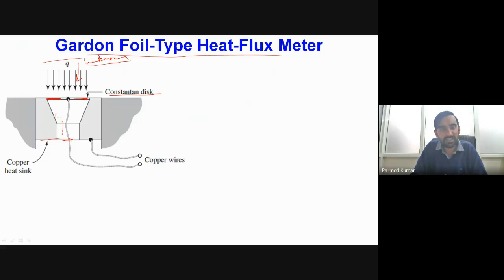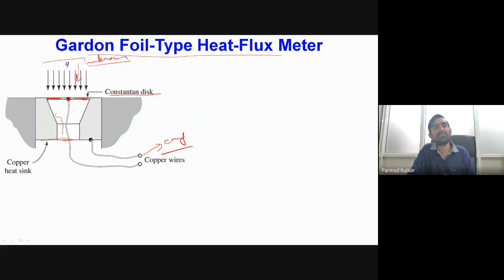Now we place one wire at the center point of this disk, at the contact between the copper and the constantan surface. Another junction is taken of copper only, and we measure the EMF produced across these two copper wires.